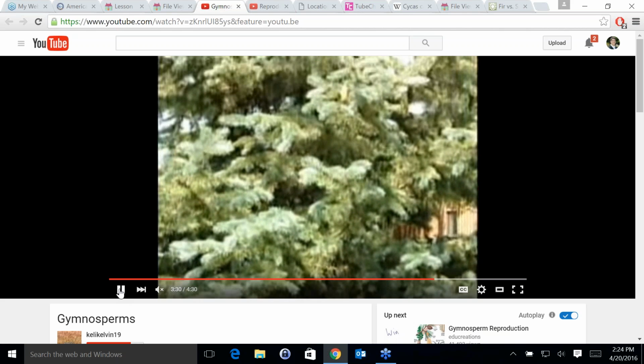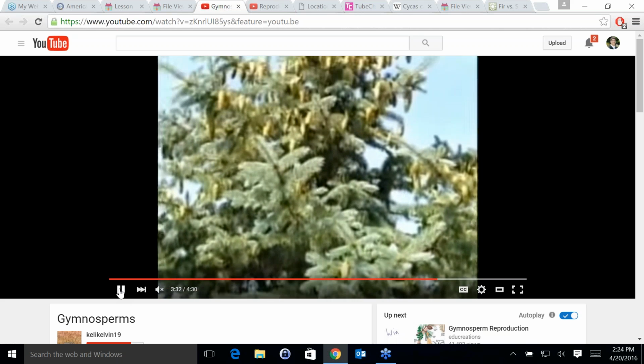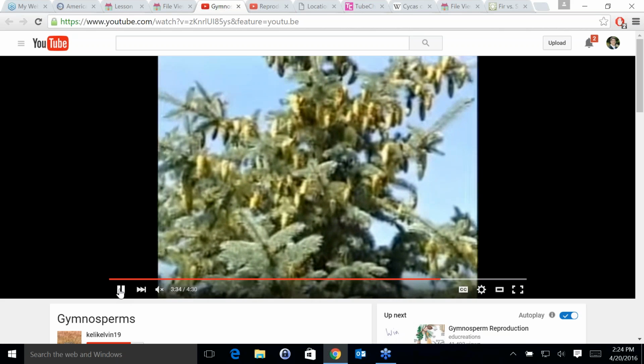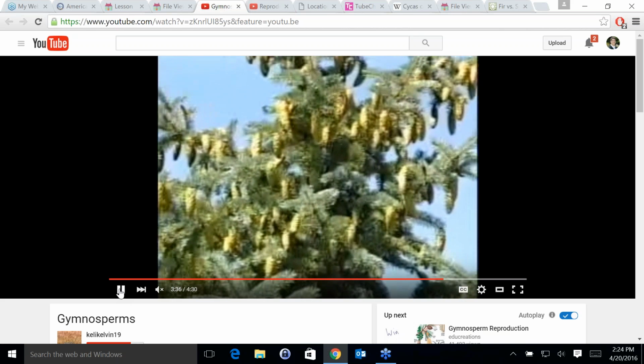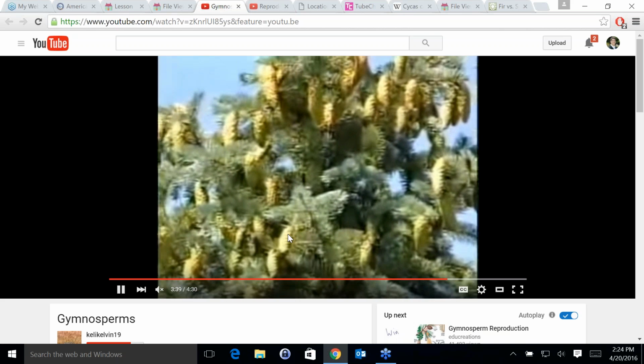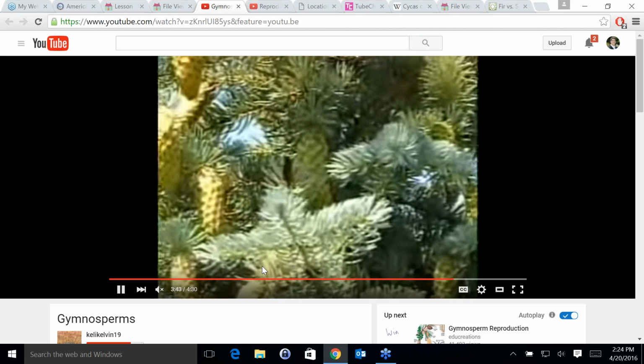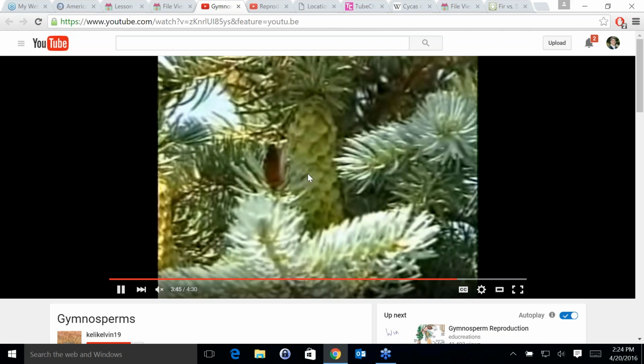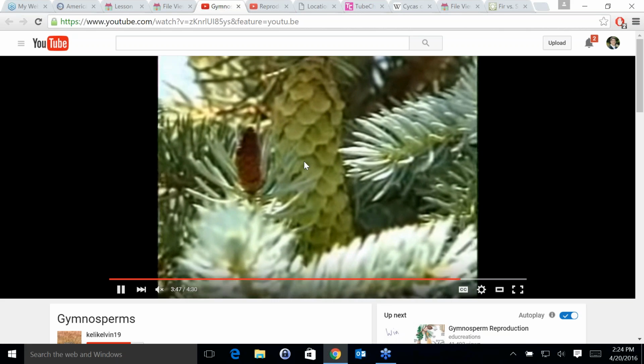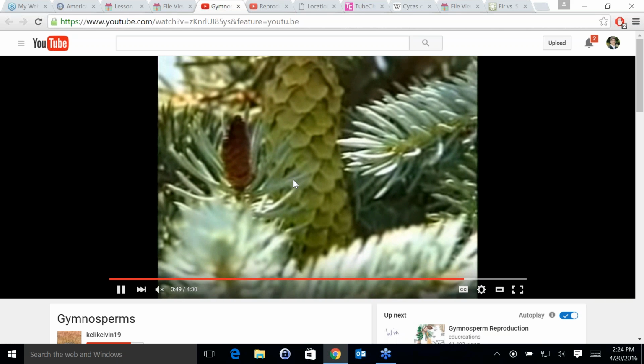They are so light that they float up and down from tree to tree. Then when they land on the female cones, they get inside in order to fertilize the eggs.